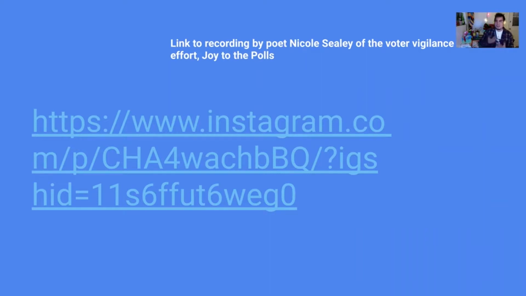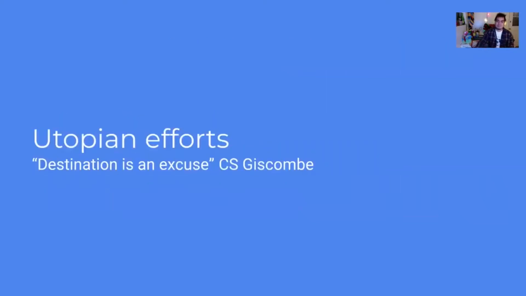And so I really like thinking about Joy to the Polls and creating this utopian space and experience of voting in a very dystopian moment in our country's history. All right, so utopia can be a place, but it also can be an effort.